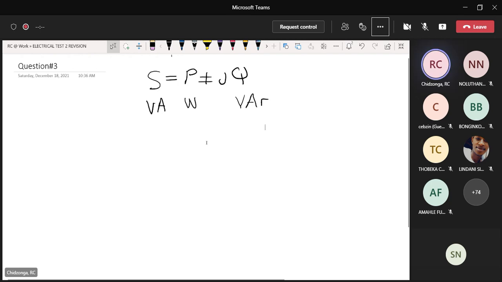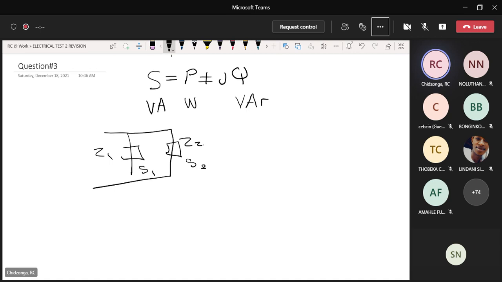If you have components in series or in parallel, say this is Z1 and Z2, and Z1 is using S1 apparent power and Z2 is using S2, there is nothing that tells you that because they are in parallel, you use the formula for combining parallel impedances.